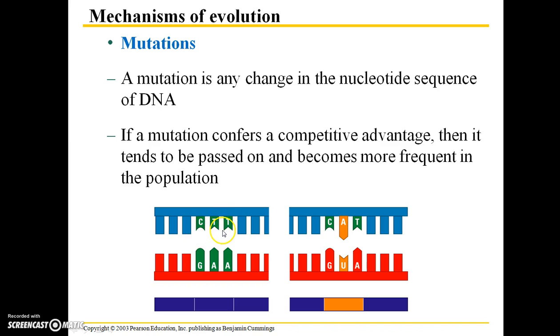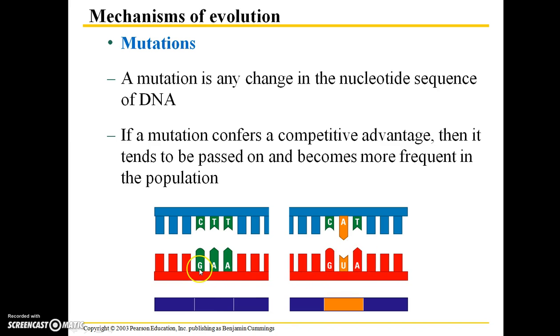So if, for example, this thymine on this DNA molecule gets substituted, or is mutated, to an adenine, that is going to influence what protein is made, because the RNA strand made in the transcription process is going to differ in the nitrogenous base sequence.